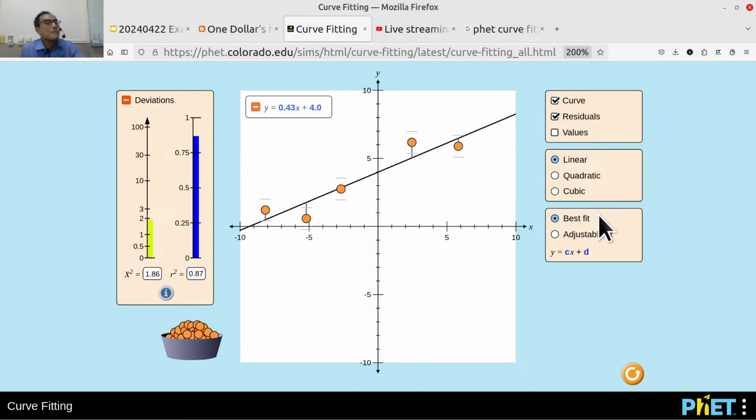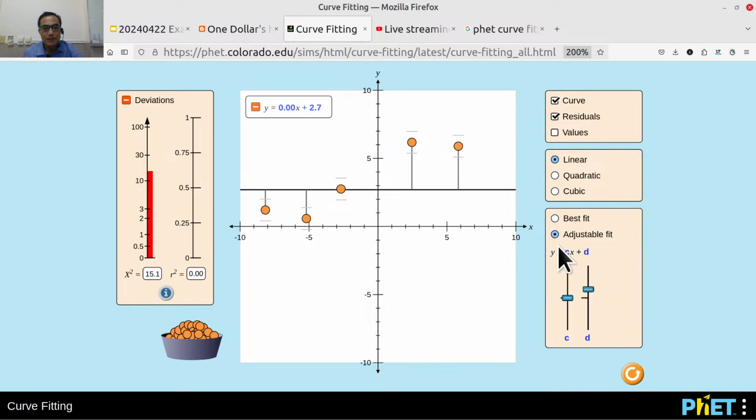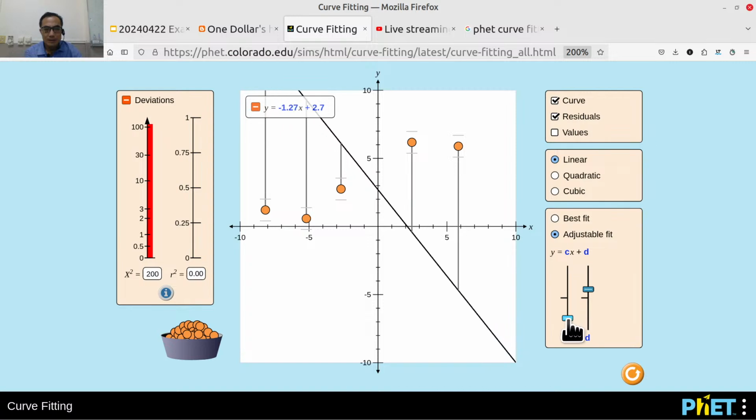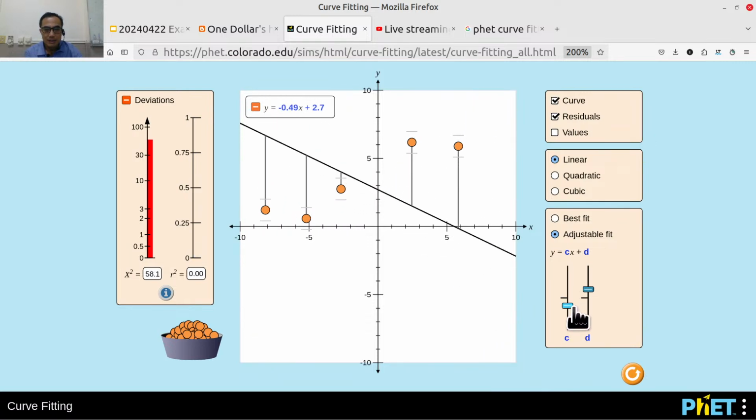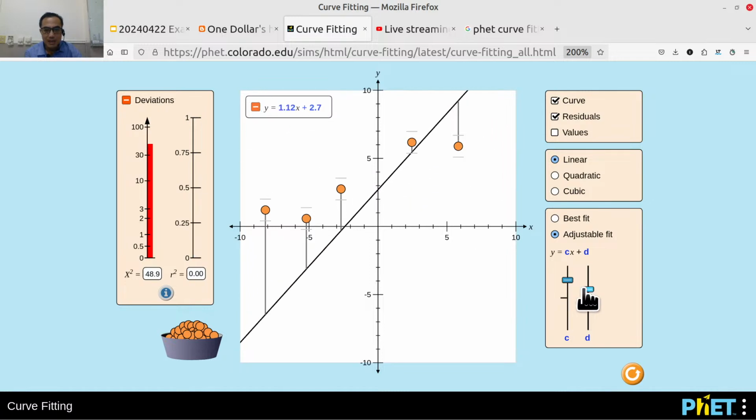Best fit, it means it calculates the best fitting line from the computer. You can check it here. Adjustable fit. For example, here, and here.